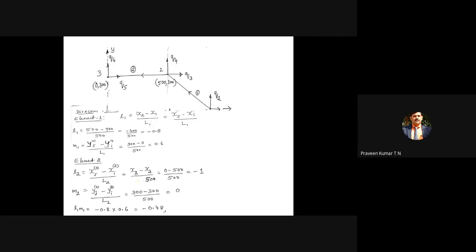Anyhow, you know the length of the element, L2 is 500. So x3 is 0, x2 is 500, divided by 500. Finally, we get minus 1.